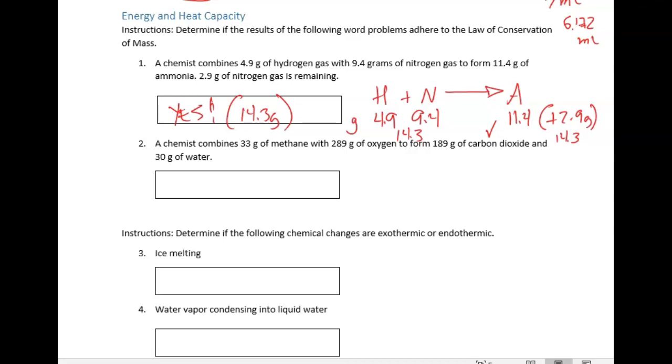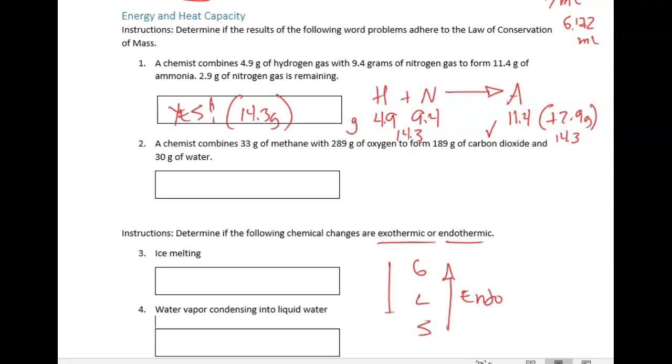Okay, let's scroll down to, what's happening, is it exo or endothermic when water vapor condenses? Well, as a general rule, if you're going from a solid to a liquid to a gas, it requires energy to go uphill, right? If you're going to melt something or boil, it requires energy. That is considered to be endothermic.